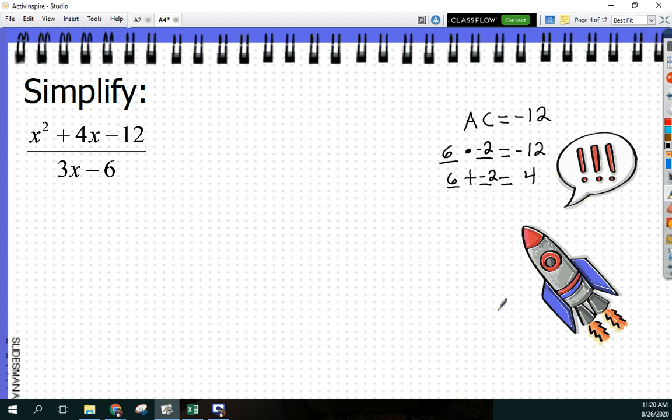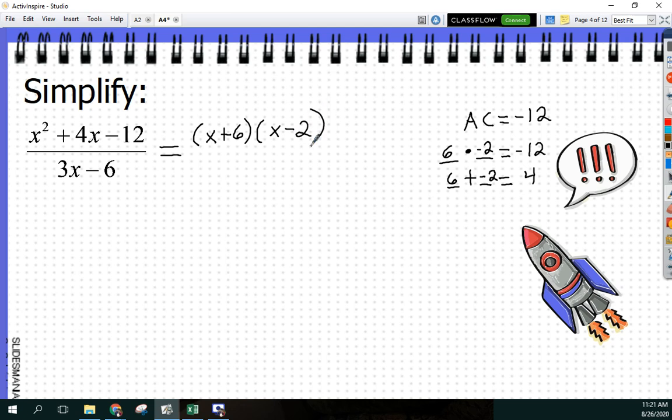Now, we could go through these steps of then factoring out that numerator. But remember that as long as my leading coefficient is 1, which in this case it is, these two numbers that we get here will just be my constants for each of my factors. So it's going to factor to x plus 6 times x minus 2.